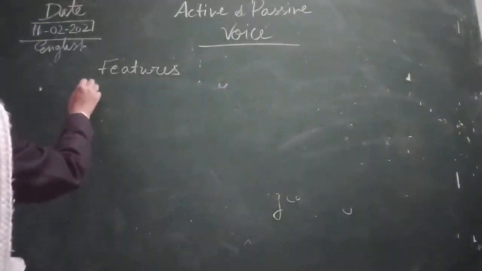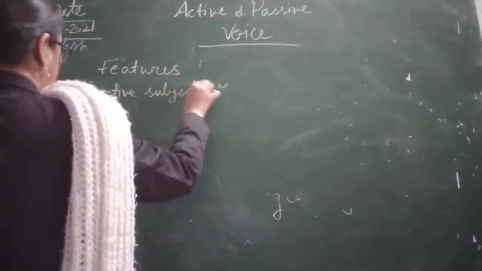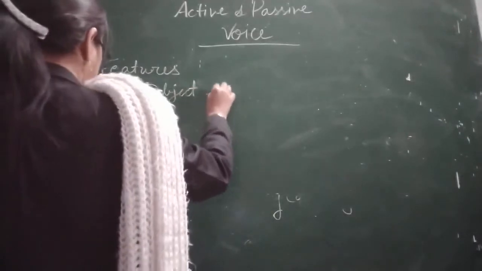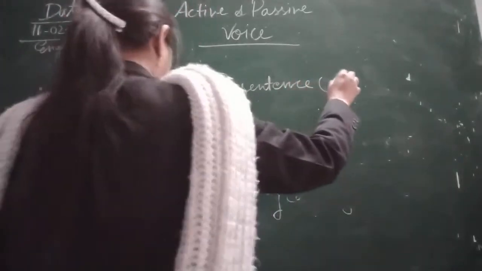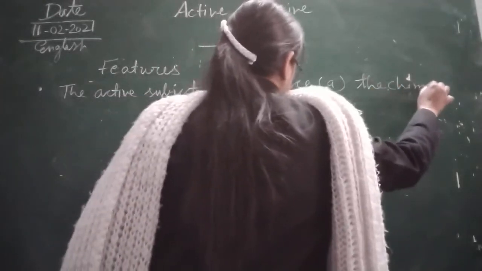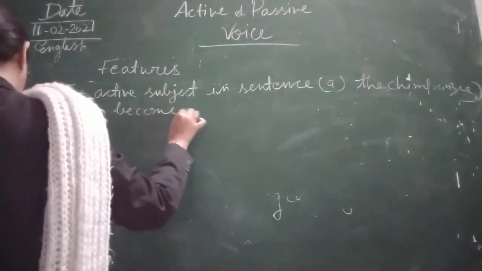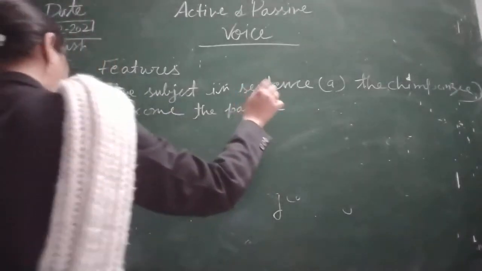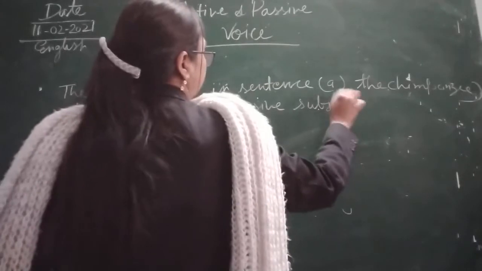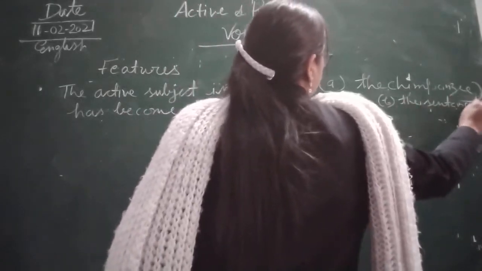The active subject in sentence A, the chimpanzee, has become the passive subject in the sentence. As we have seen this.